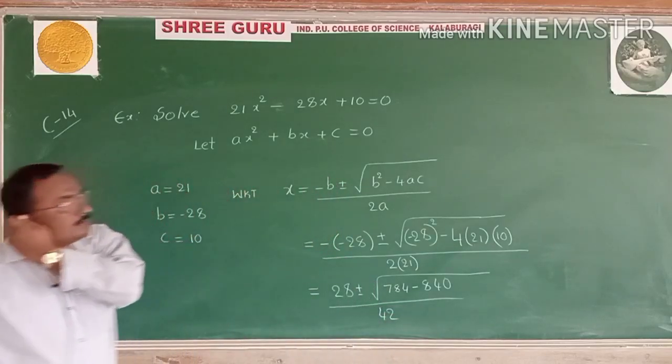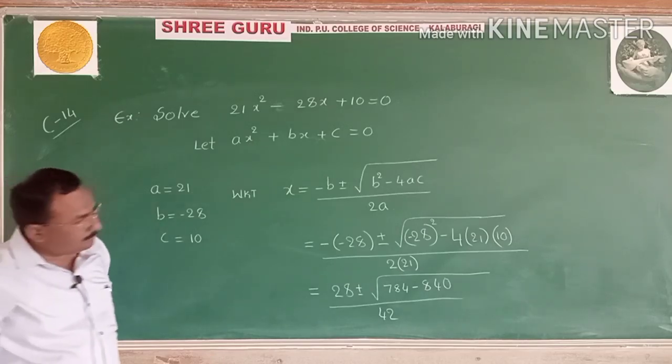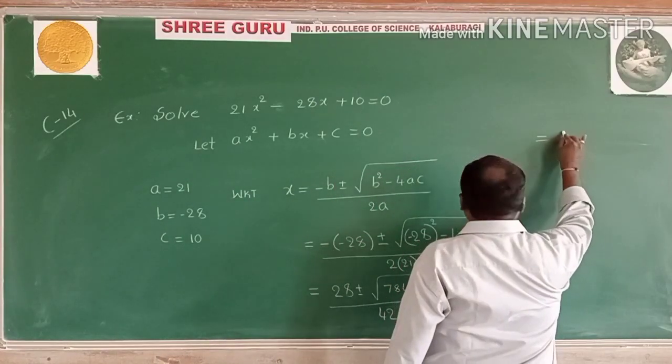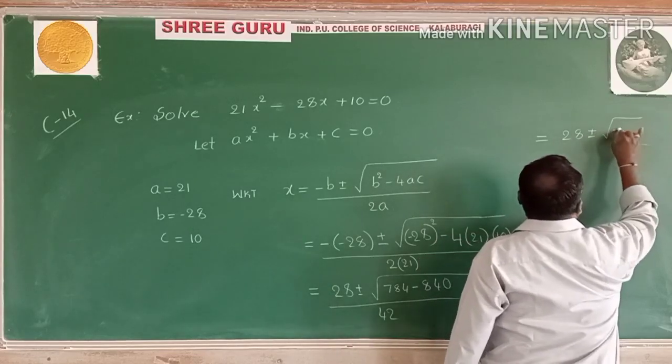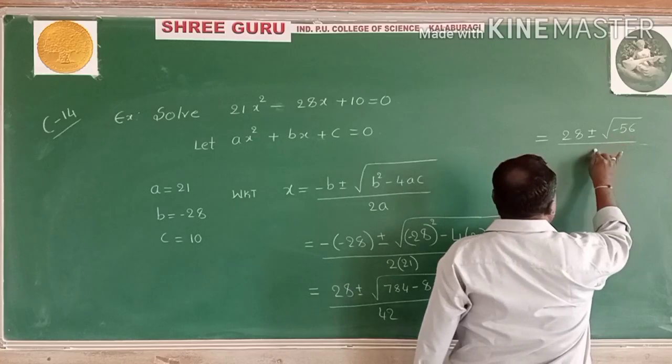That total is minus 56. It is equal to 28 plus or minus root of minus 56 divided by 42.